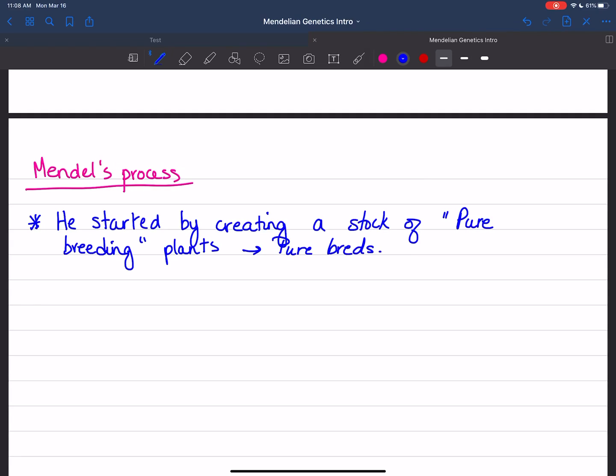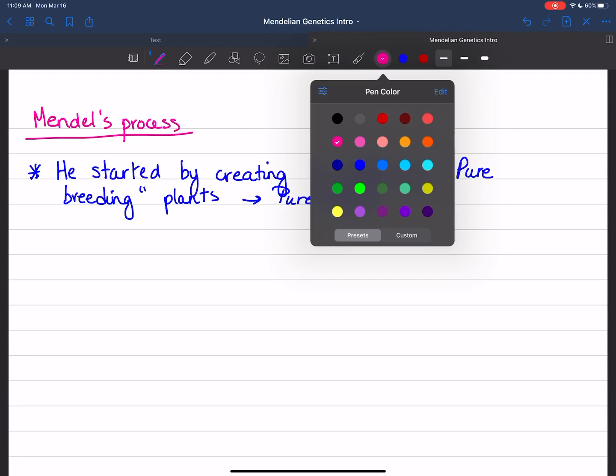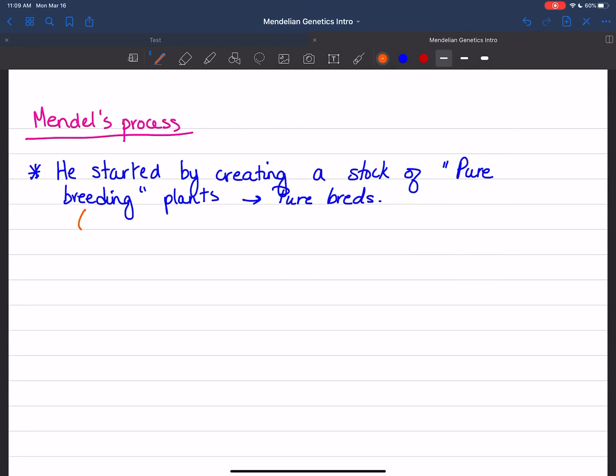So what it means to be purebred: if I have a purebred Chihuahua and I'm crossing it with another purebred Chihuahua, I should get babies that have characteristics of their parents, no outliers, right? I'm not going to get dachshund legs on a Chihuahua, right? Because that's what happens with purebreds. And so generation after generation after generation, you would expect the same characteristics to show up.